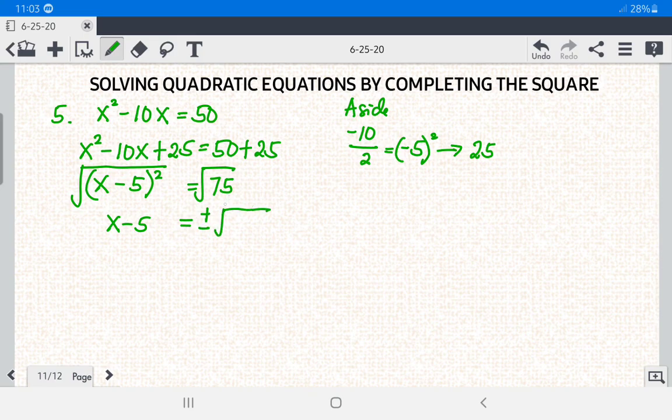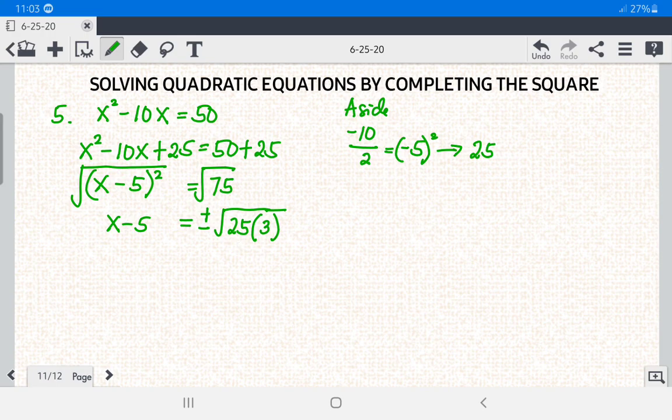But then, you have to think of the factors of 75 wherein one of its factors is a perfect square. That's 25 and 3, right? So 25 times 3 is 75.